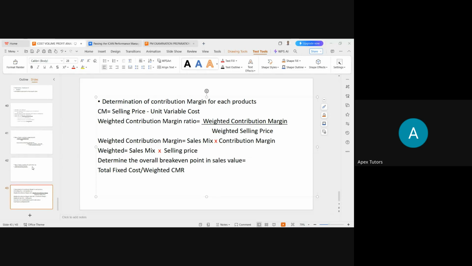Your sales in units, the ratio. Then you look for the weight. You're going to see that in this example. Let me locate the question. If you have it, one of the co-hosts, you can read, as I try to bring up the question.